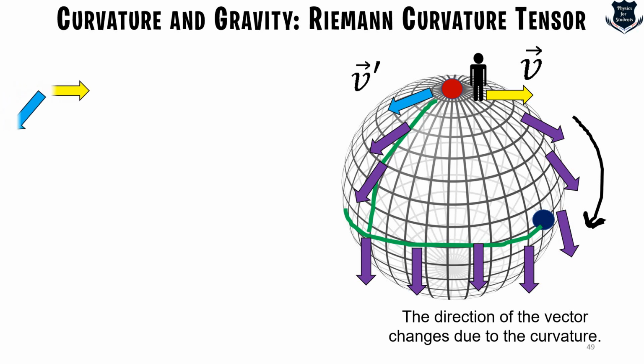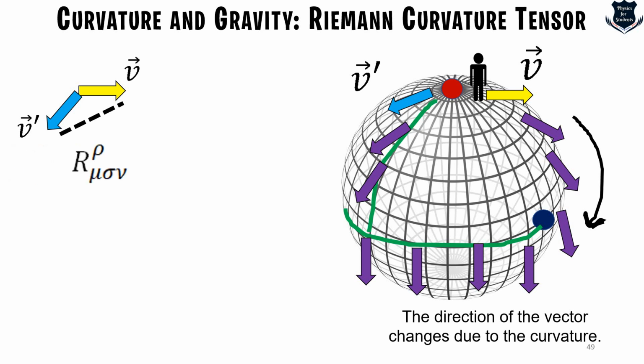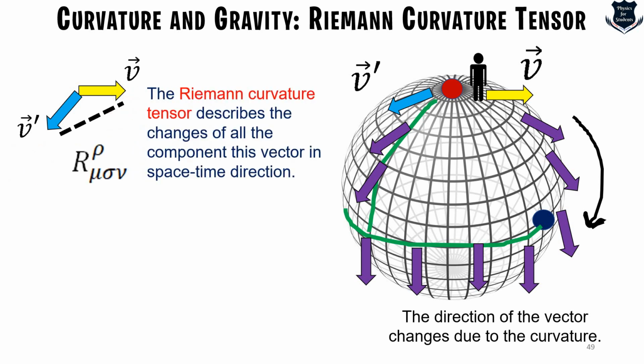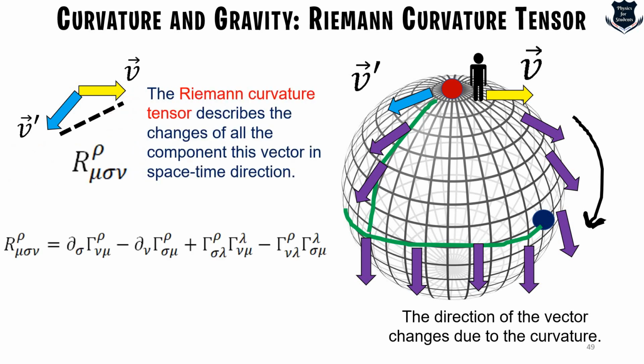That means there is a change between the yellow vector and the final vector, which is this one, and that change is basically described by what is called the Riemann curvature tensor. So here is the Riemann curvature tensor, which is written in terms of Christoffel symbols, a technical thing I am not going to explain in this video.